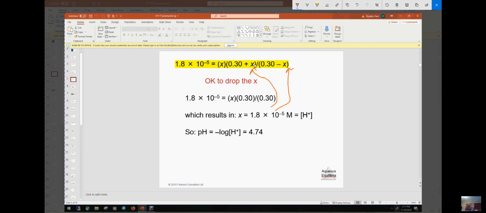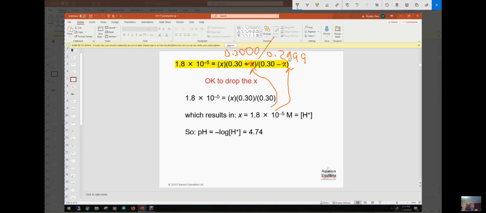Adding it to 0.3 wouldn't make a difference, and subtracting it from 0.3 wouldn't make a difference. This would be 0.2999 something. This would be 0.3. It would be a whole bunch of zeros before I even got there. So that's why it's okay to drop the X here and drop the X here.